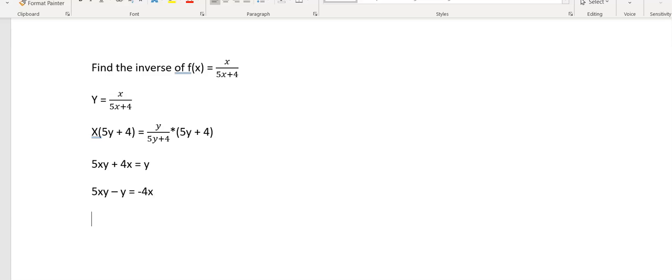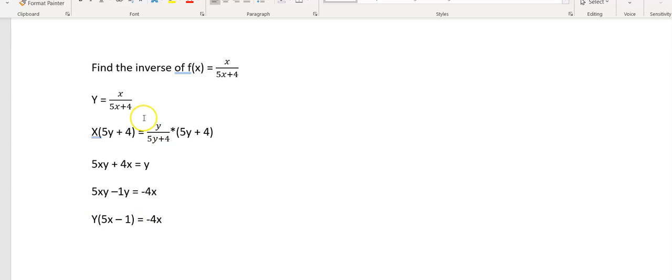Now for our trick. Let's remember, though, this minus y is really a minus 1y. All right, so on the left side, let's factor out a y. We get 5x, and we get a minus 1. And then our last step is to divide out the stuff that's still there with y.